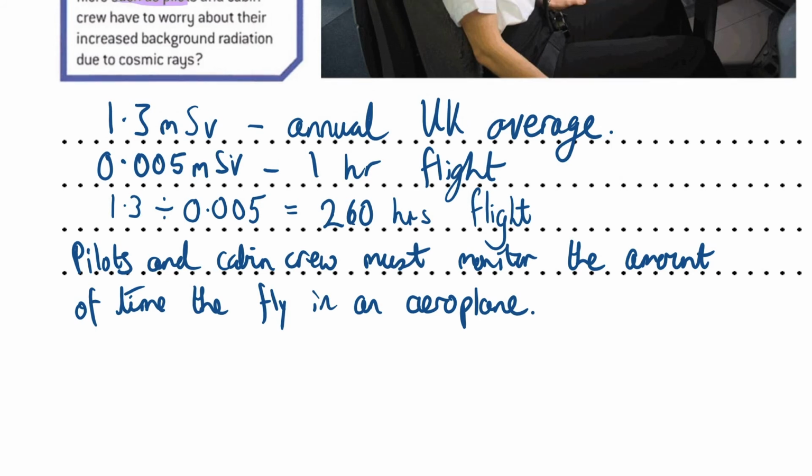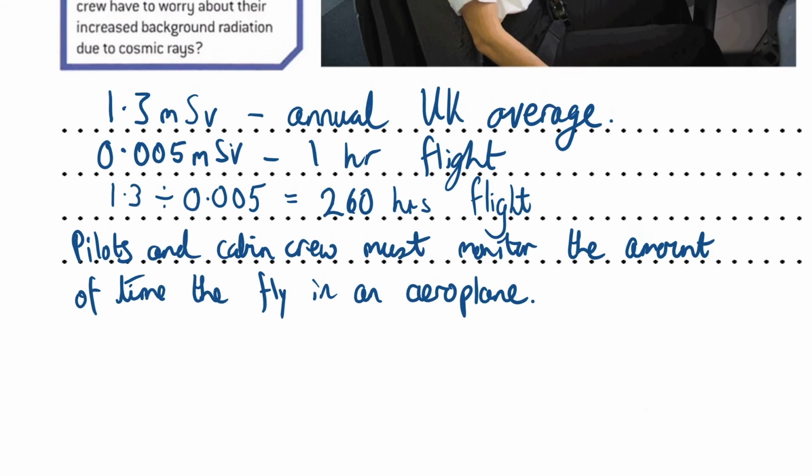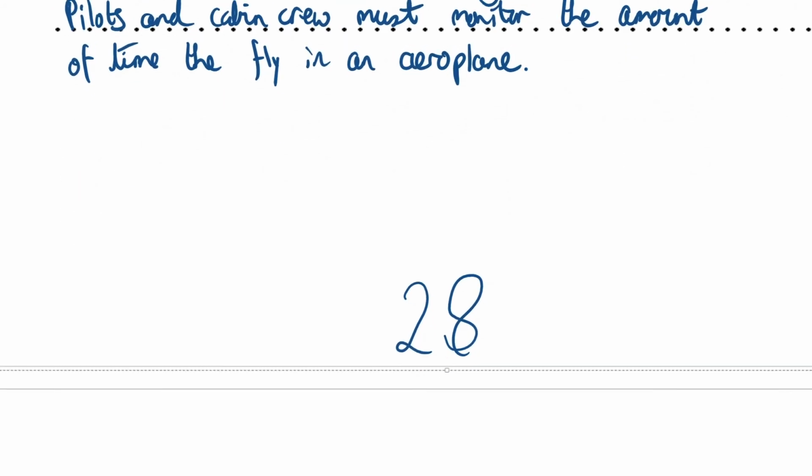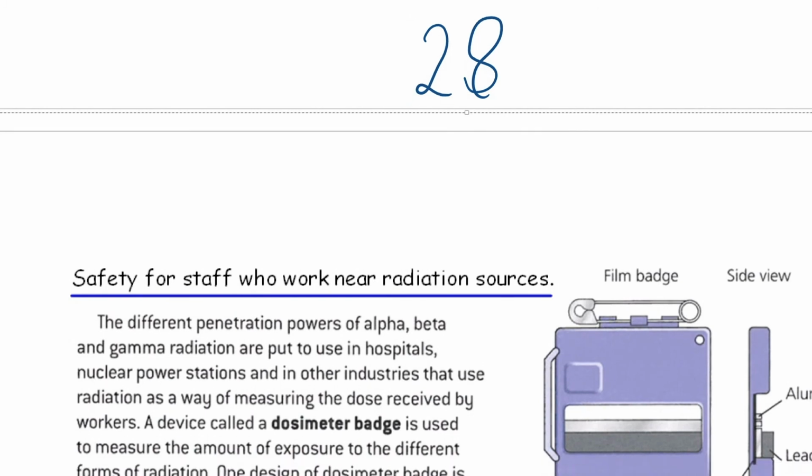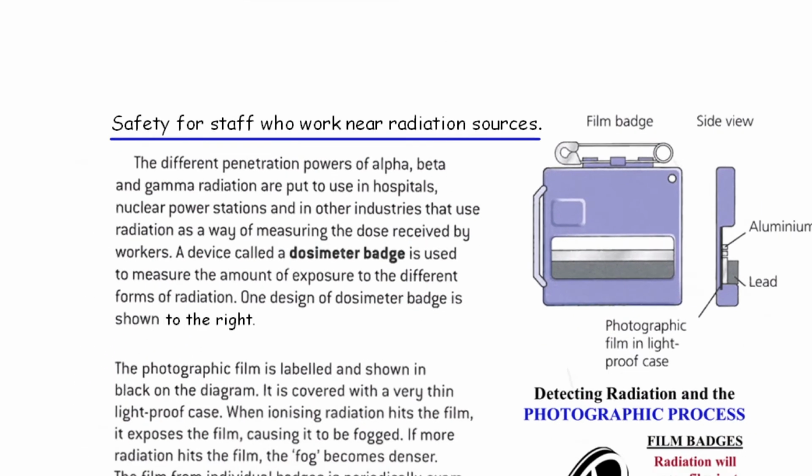Now, there's other ways in which people's exposure to radiation can be monitored, apart from keeping a record of flight time. Turning on to page 29.